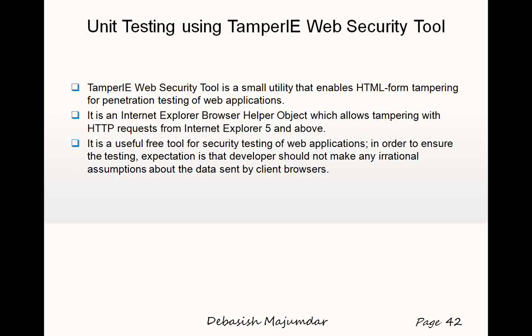There are other useful tools for security testing of applications to ensure that developers do not make any irrational assumptions about the data sent by the client browsers. It is freeware and a very popular one. We can use Tamper at the unit level for all the UIs you are developing or using with HTML forms embedded in either JSP or JSF.